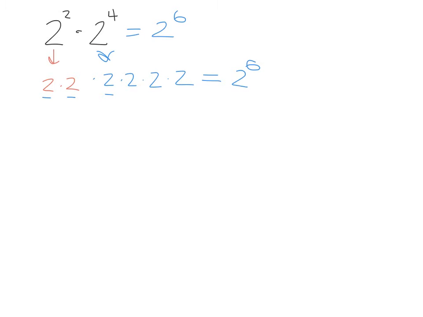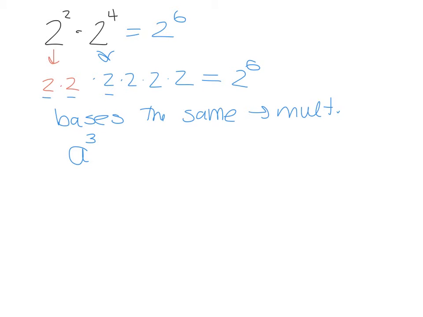And what happens is, when the bases are the same and you're multiplying, then you can always just add the exponents. So any number, a to the 3rd power, times a to the 4th power, is going to equal a to the 3 plus 4, or a to the 7th power.